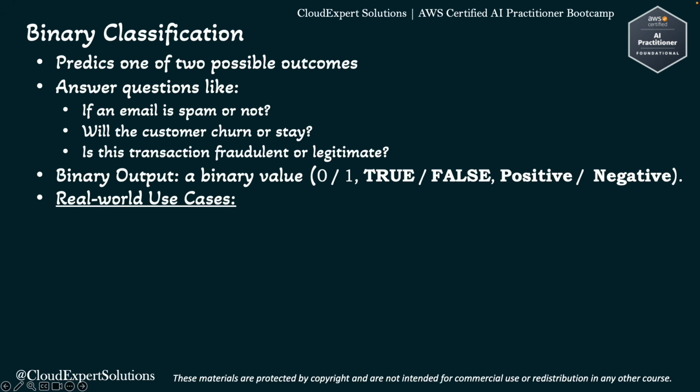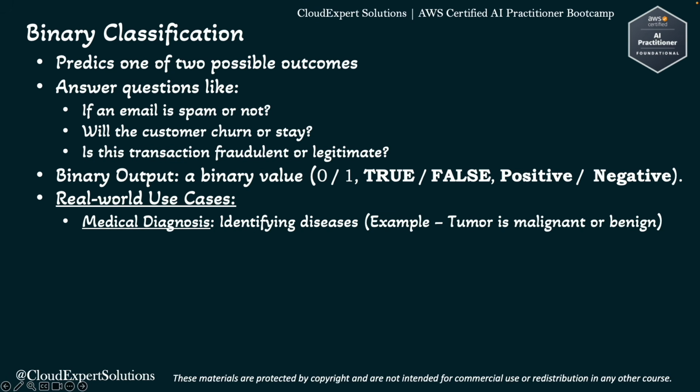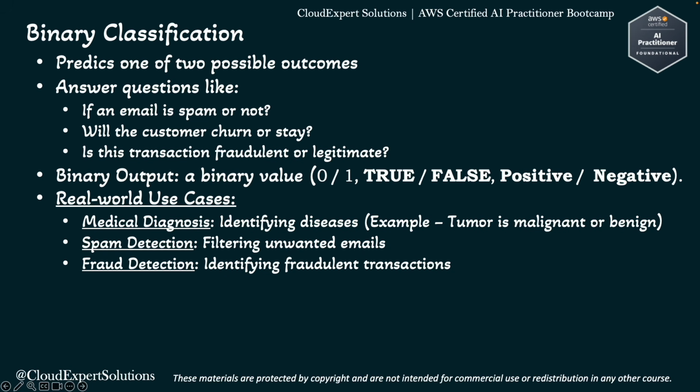Binary classification is used in a wide range of applications, including medical diagnosis, to identify diseases like whether a tumor is benign or malignant. Also to detect spam email, that means filtering unwanted emails. Also for fraud detection, for financial institutions to identify whether a transaction is legitimate or fraud.